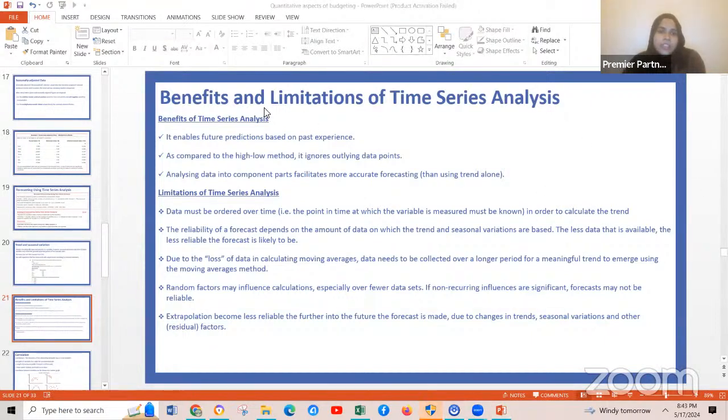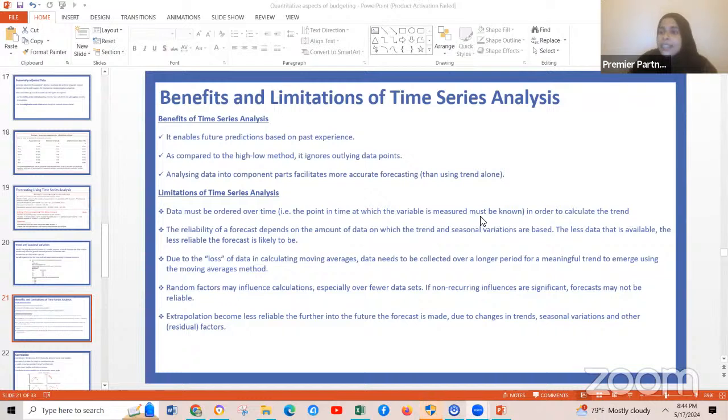I'll just go through this. It enables future predictions as compared to the other method. It doesn't only rely on one point, it relies on more points. Analyzing data into component parts. You're not only looking at trend, you're looking at many more aspects. But data must be ordered over time. You have to collect a lot of data for this. That's a problem. The reliability of a forecast depends on the amount of data on which the trend and seasonal variations are based.